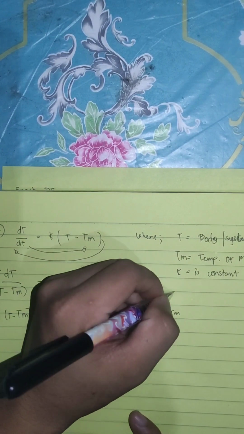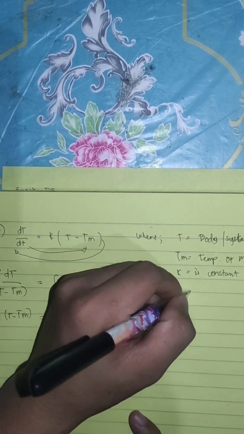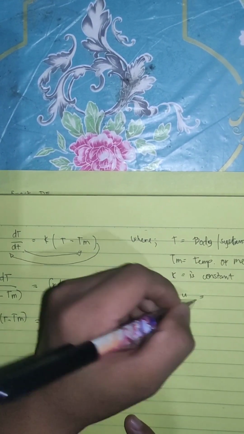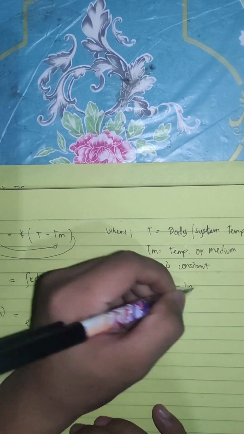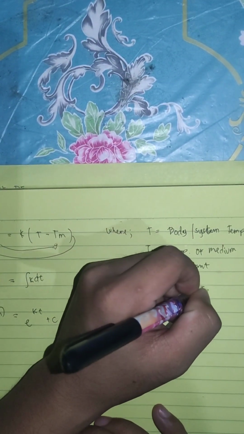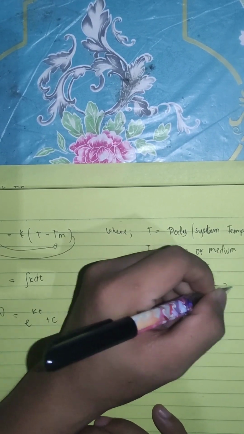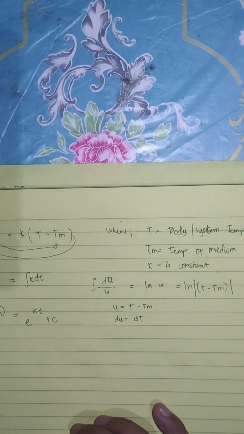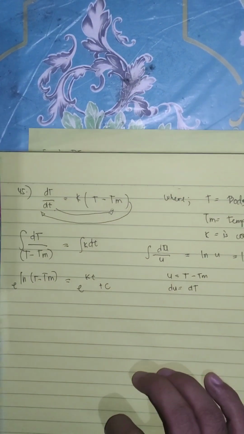So here we got ln of u, which equals ln of T minus Tm, and this has an absolute value.